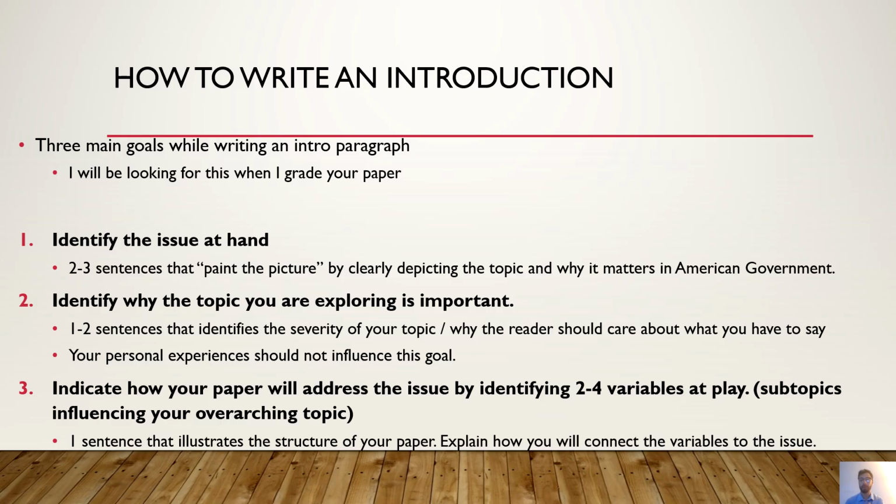Whatever issues at play, whatever variables, subtopics you will dive into in the body of your paper to illustrate your overarching topic. Now, if you can summarize this 3rd point in a single sentence that ties in the issue at hand, less of a focus on why it matters, but you tie in the issue at hand and how you're going to address it, that is a thesis statement.